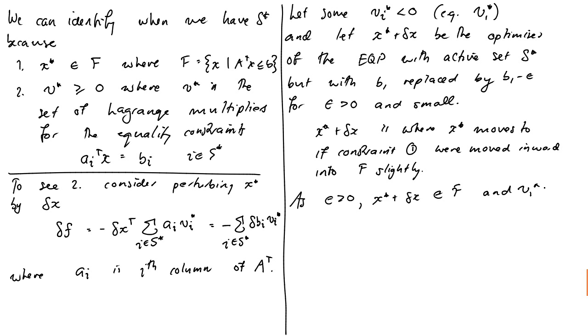And our Lagrange multiplier is less than 0, so our objective change is equal to negative nu1 star delta b1. Okay, and delta b1 is just negative epsilon, so it equals epsilon nu1 star. Okay, so what do we got here?